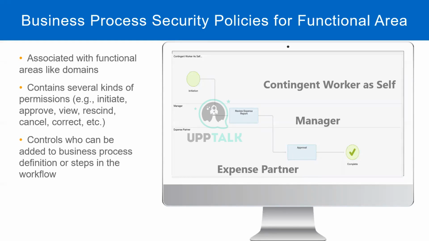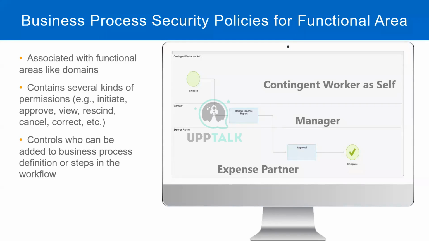Because, if you remember, when we talked about functional areas, we had two components of functional areas. One is domains. The other is business processes. So business processes are also associated with functional areas, just like your domains are. And the business processes are secured by the business process security policy.